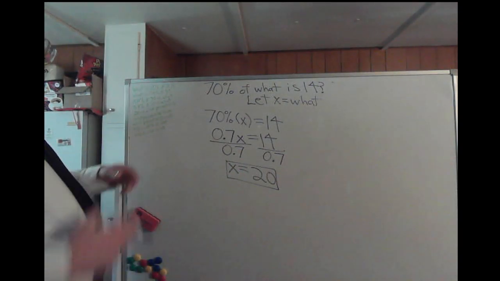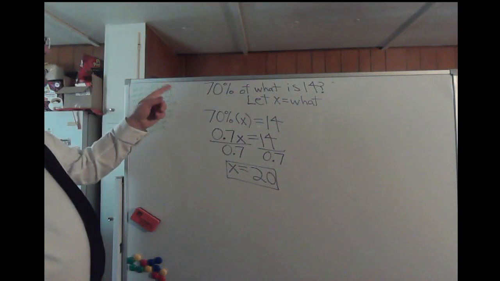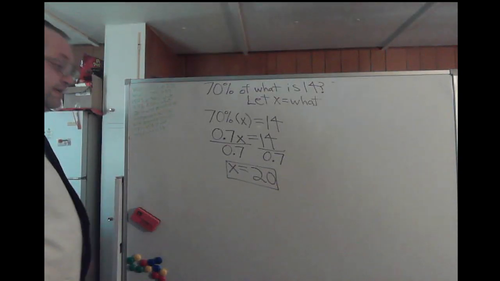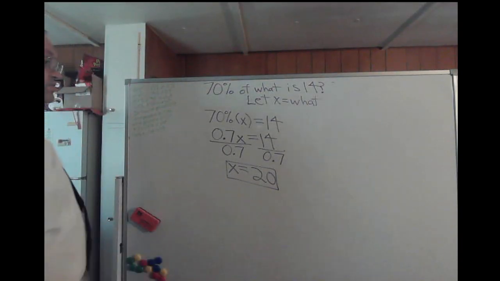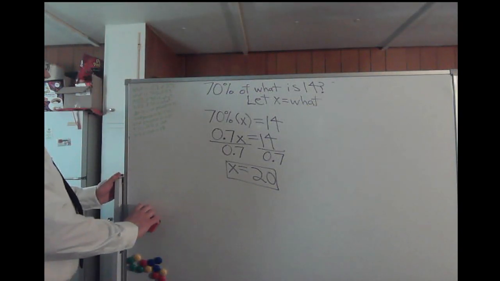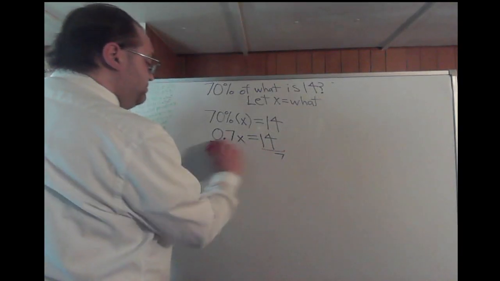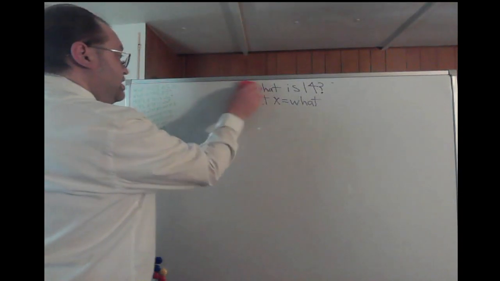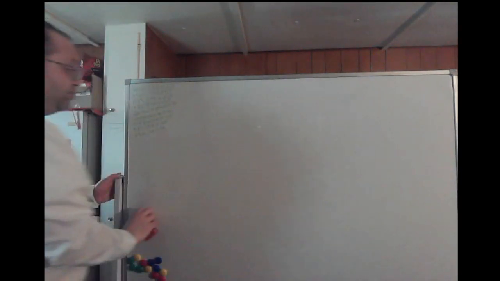So, let's see, 70% of 20 is 14. That's how that would be worded. So x equals 20. And that's really all there is to these problems, just remembering what should be a variable. Of means multiplication, and is means equal to. If you can do those things, then you've got the hang of this.